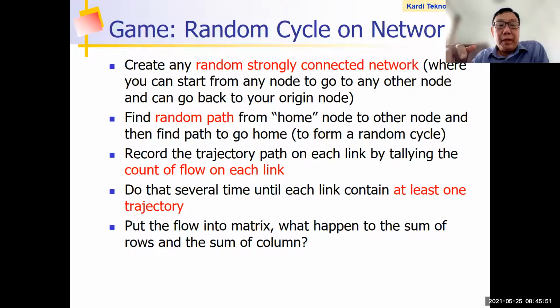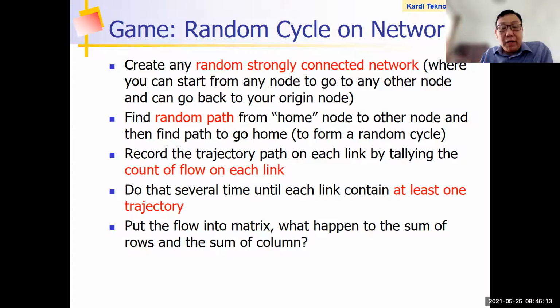Then you can set random path from your home node to any other node and then find another path to go home. So this is to form a random cycle. And then you record the trajectory path of each link by tallying the count of the flow on each link.